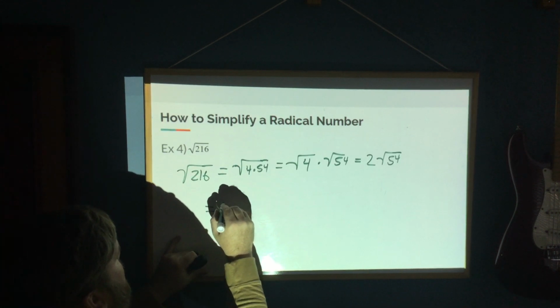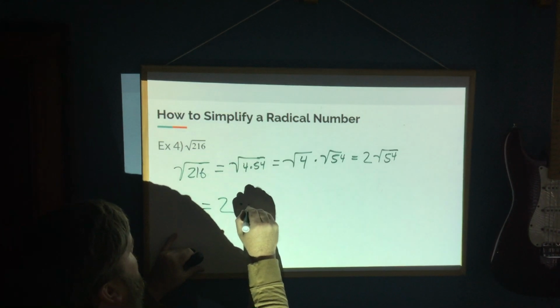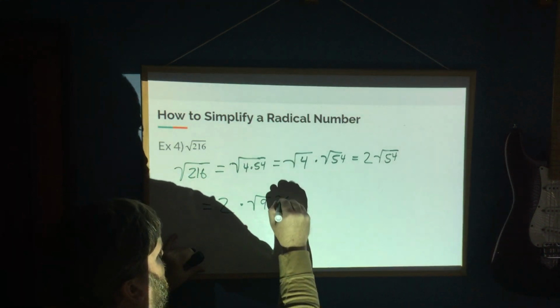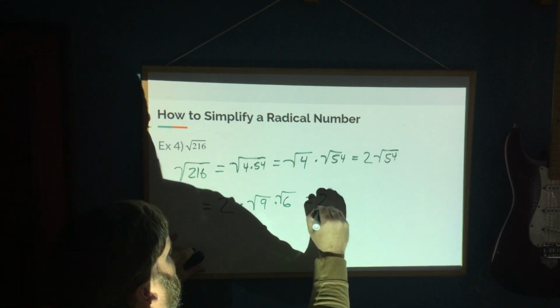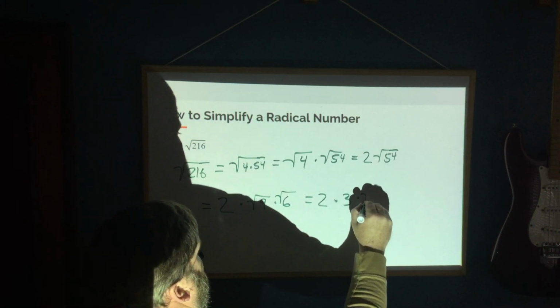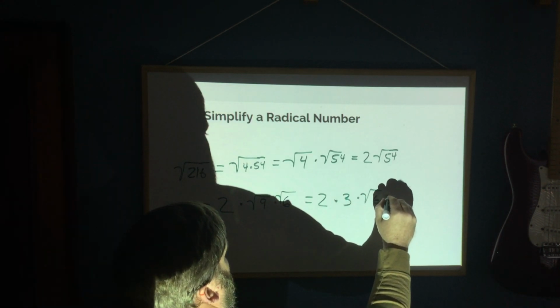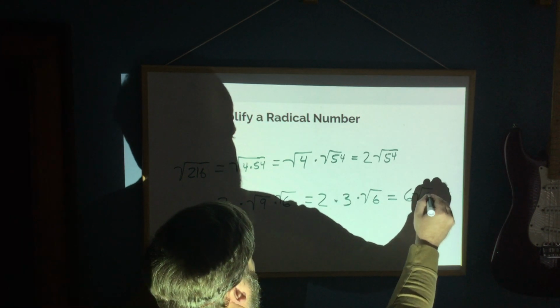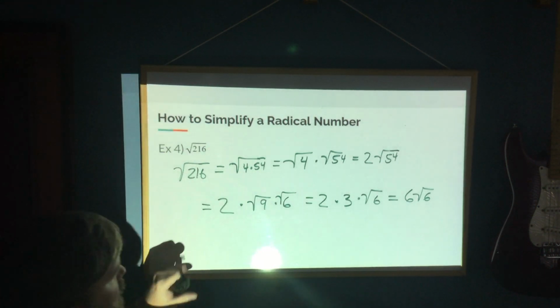So now that's going to be equal to 2 times the square root of 9 times the square root of 6, which is equal to 2 times 3 times the square root of 6, which is equal to 6 square roots of 6.